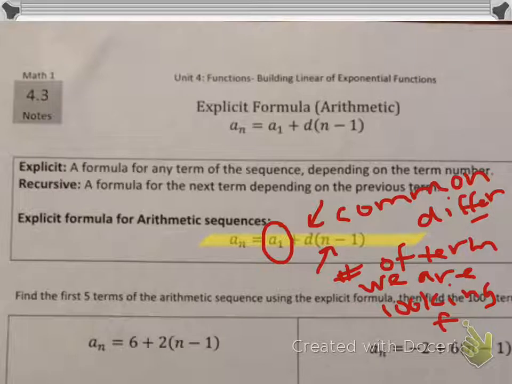So if I wanted to know the 10th term, then I'm going to put a sub 10, meaning I'm looking for the 10th term, and 10 will get substituted in place of the n. So this is the explicit formula here for arithmetic sequences.